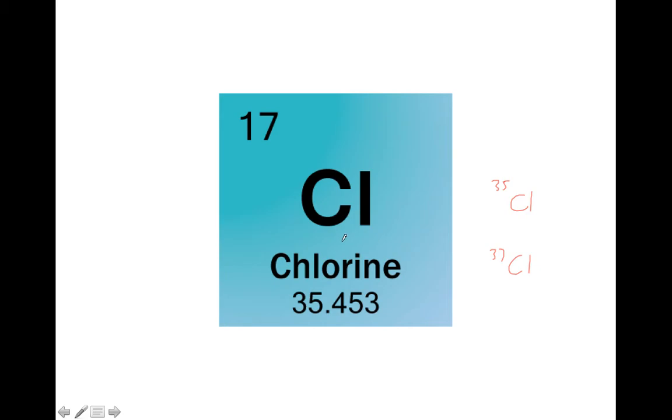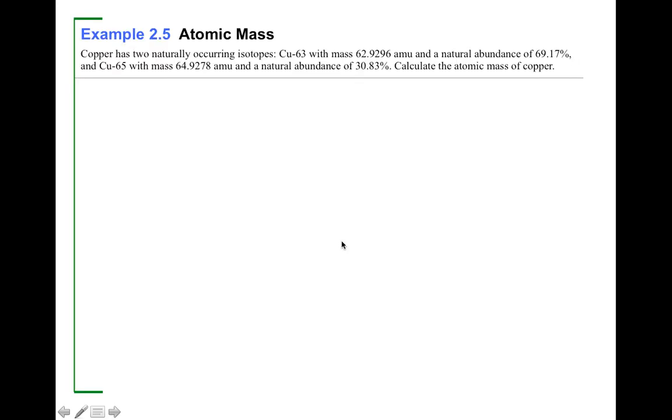All right, there's a clever problem we could do with that, but let's think of a simpler problem first. Let's say that copper has two naturally occurring isotopes.